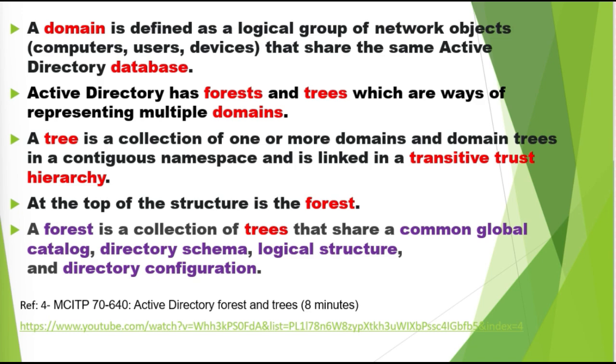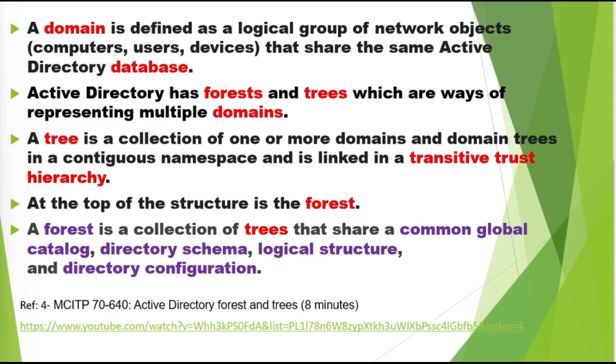So within the Active Directory, it has forests and trees, which are ways of representing multiple domains. So a tree is a collection of one or more domains and domain trees in a contiguous namespace. We've learned about this namespace in DNS before, and it is linked in a transitive trust hierarchy.